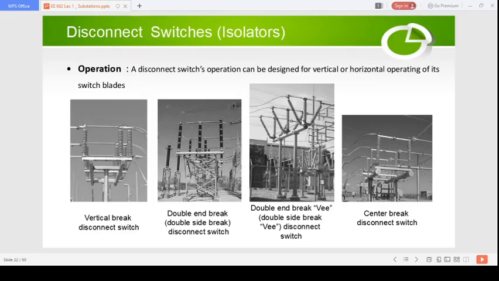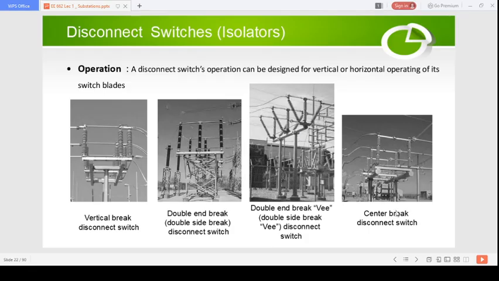Okay, so you keep in mind the shape and what ground clearance you need. For example, for this one you need a bigger ground area to establish. But for this one you don't need that much ground area. So for a small substation you can use this type of device.